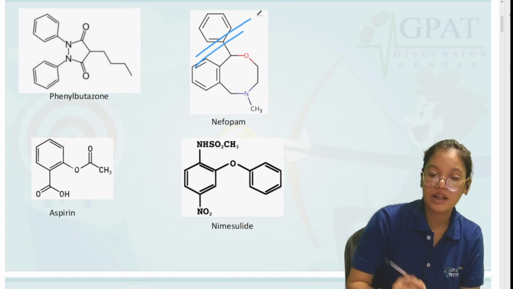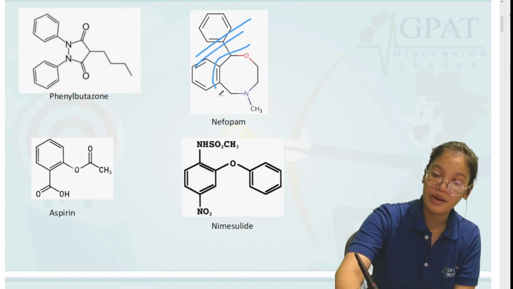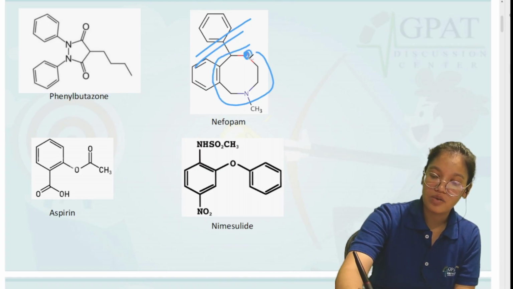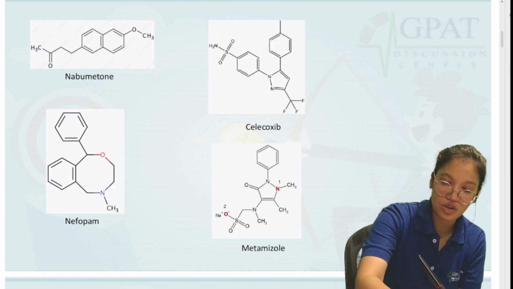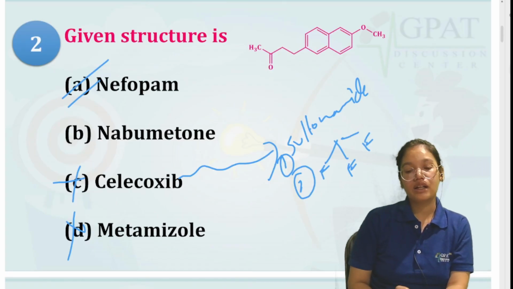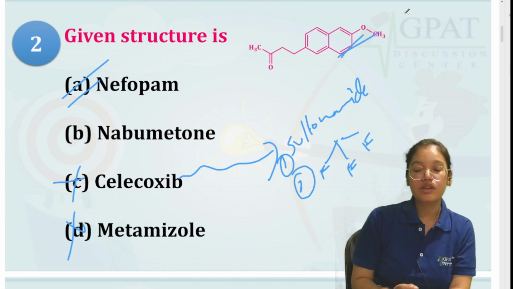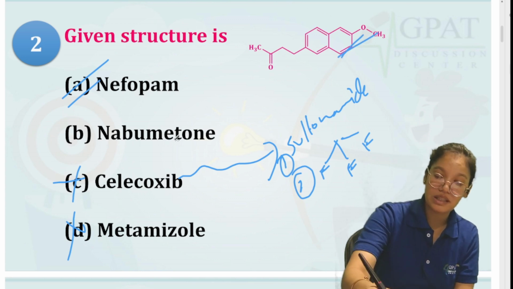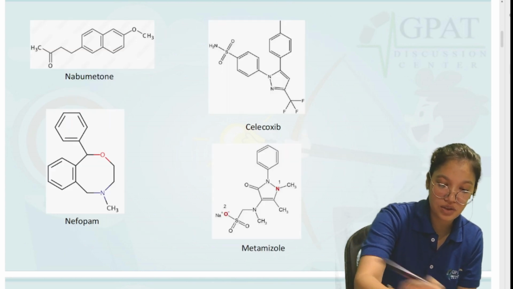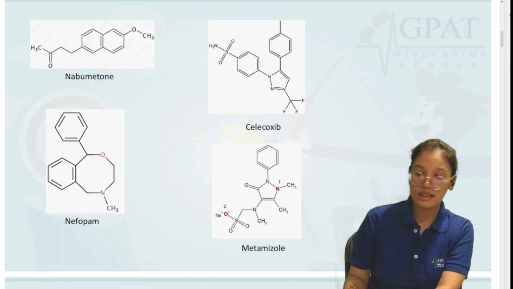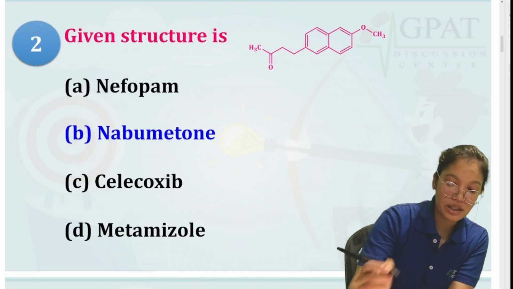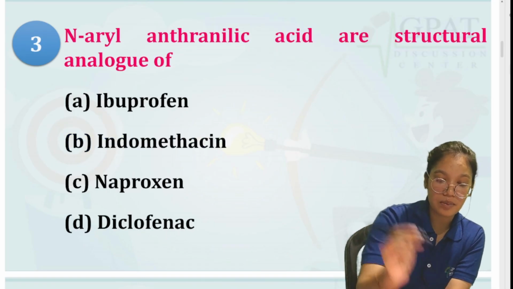This is the nefopam structure: an 8-membered ring, and one oxygen and one nitrogen as heteroatoms. It is not the structure that is given. So the answer we are left with is nabumetone. This structure belongs to nabumetone. These are all the structures that you can see here. So the answer is B, nabumetone.